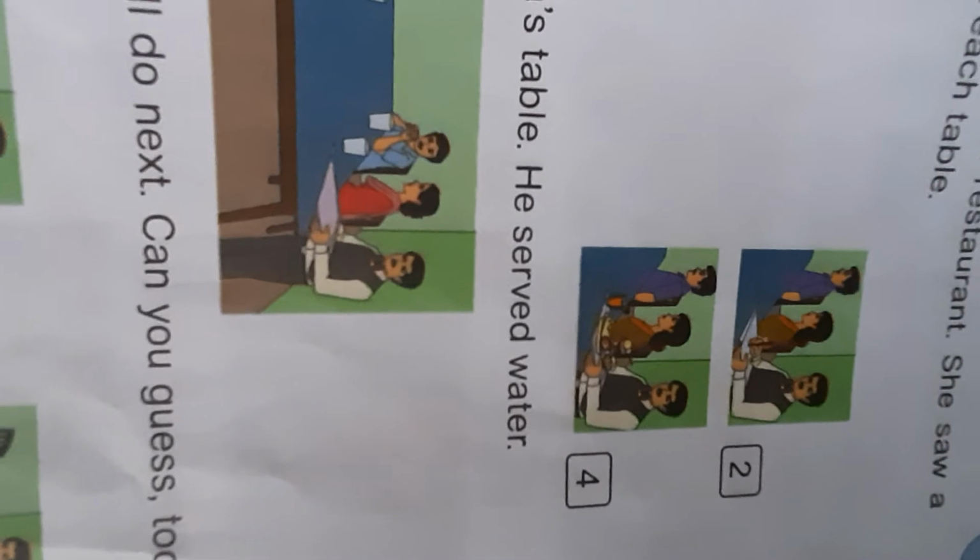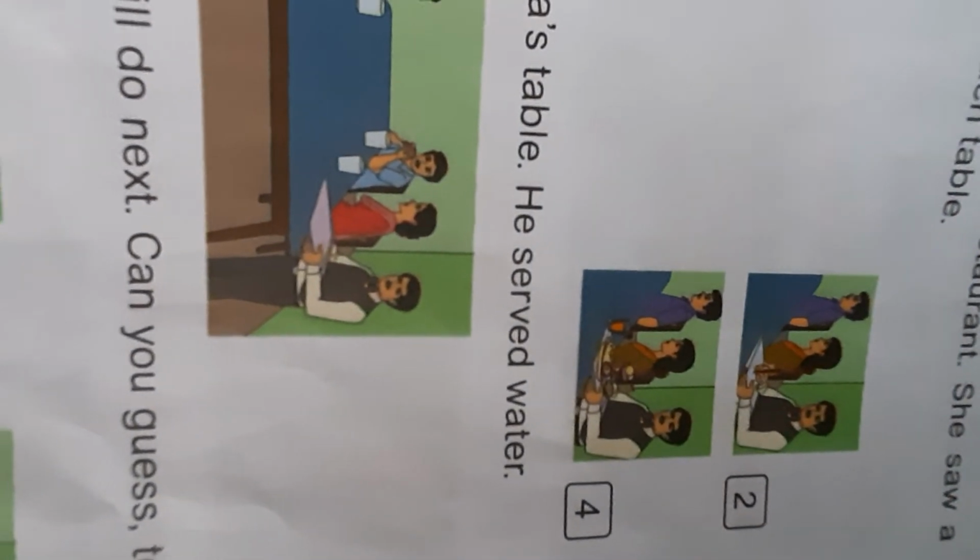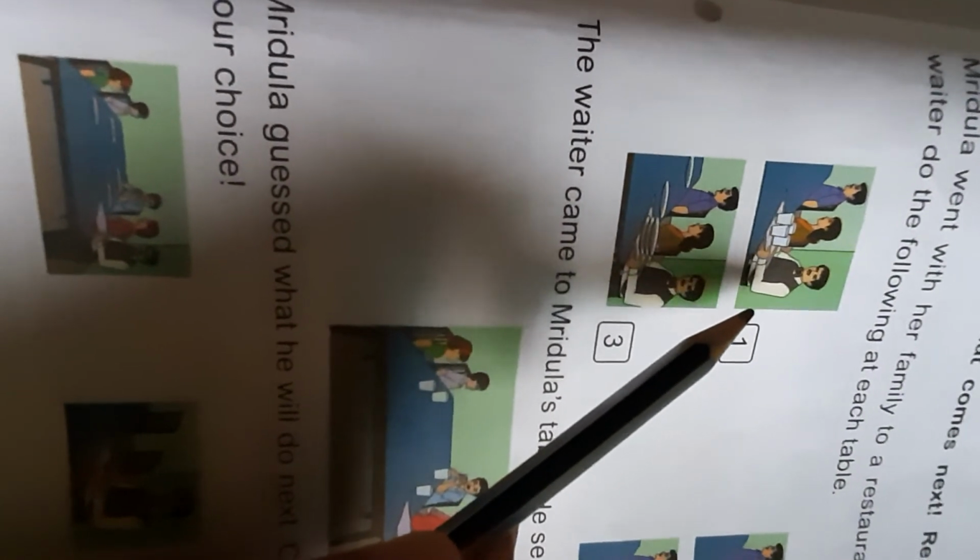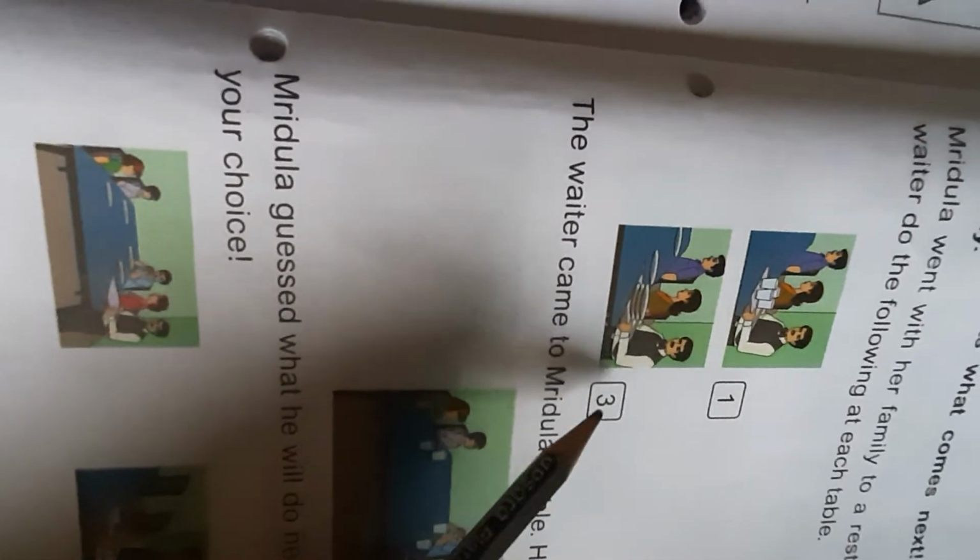He is serving food. So once again I am repeating, children: in the first picture he is serving water, in the second he is taking an order, in the third he is giving plates to them, and in the fourth picture he is serving food.